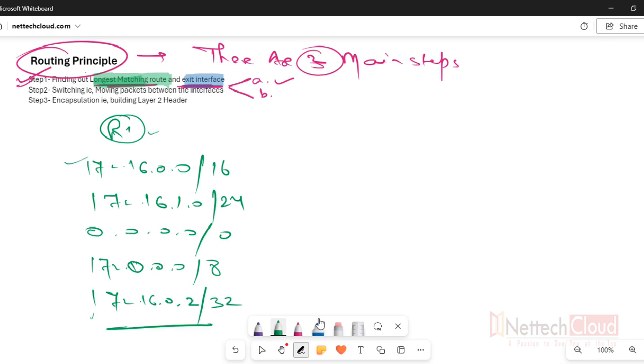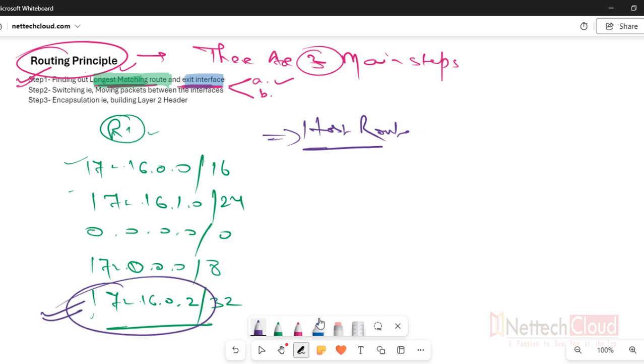Multiple routes in the routing table. So what happens when R1 performs a routing table lookup? The longest matching route will be preferred. So the longest matching route means here the host route, right? So which route will be preferred?